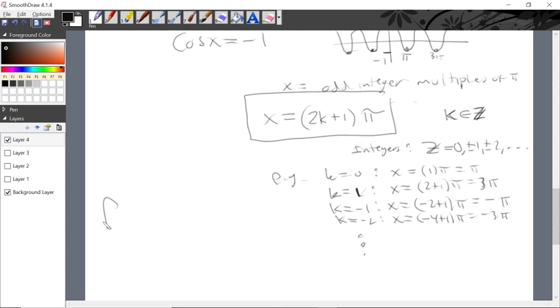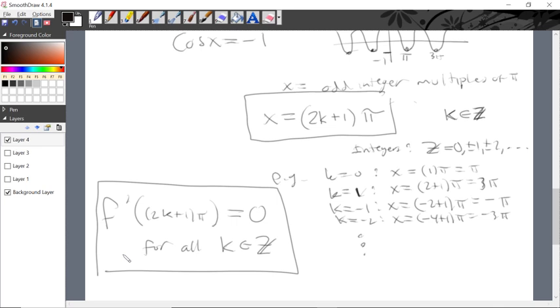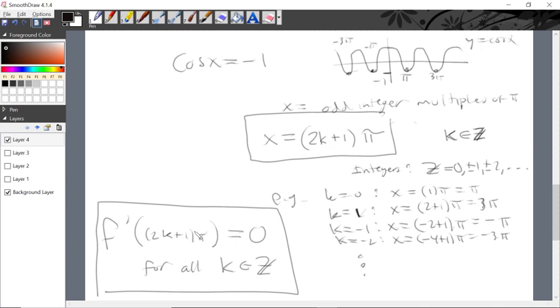So in other words, we're saying f prime of (2k plus 1) pi will always equal 0 for all integers k. So the derivative is equal to 0 if we plug in any odd integer multiple of pi.